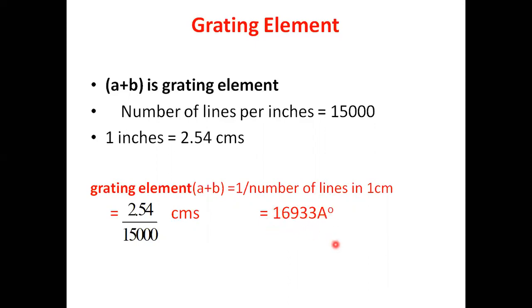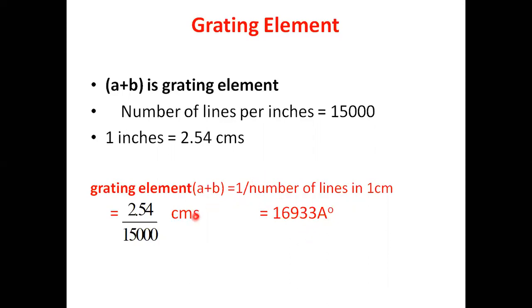So the width of the slit will be half of this, near about 8500 Angstrom, which is comparable to 5500 Angstrom. So now I am sure that using this grating I can observe the diffraction of visible light in my lab.